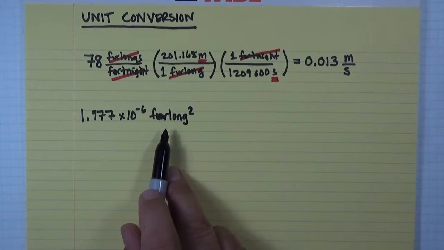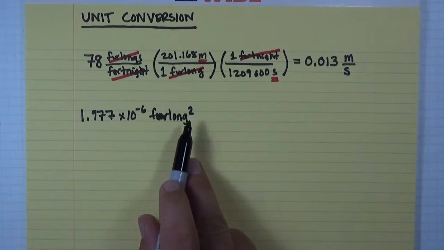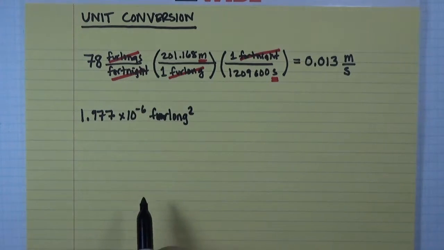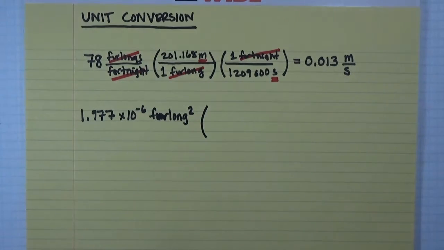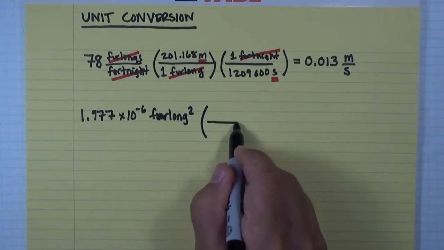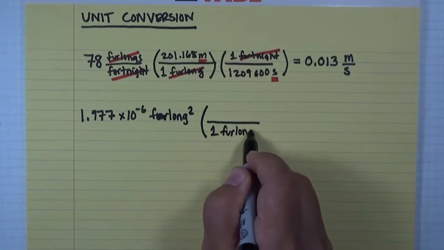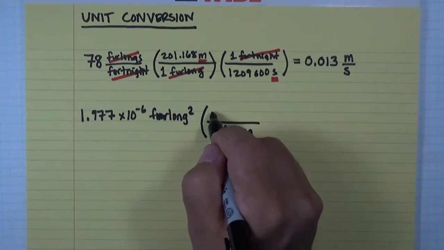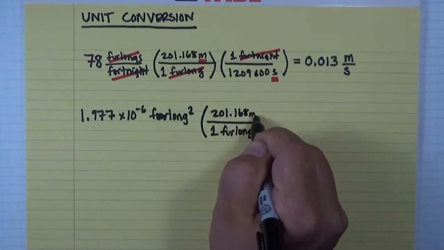But what I have here are not furlongs, I have furlongs squared. Okay, so I'm going to multiply by the conversion to convert furlongs to meters. So that is, I want to get rid of furlongs, so that'll put my furlongs in the denominator. And in the numerator, I'll have the meters, 201.168 meters.